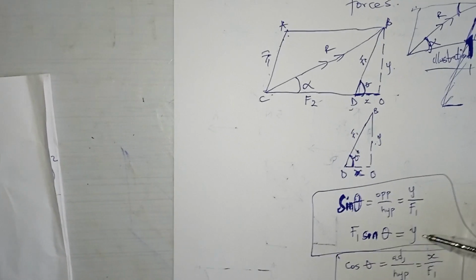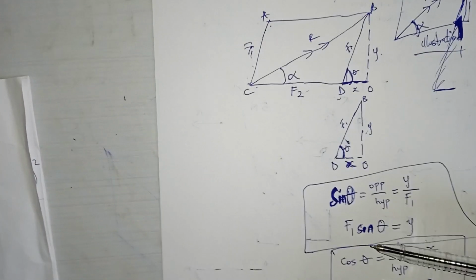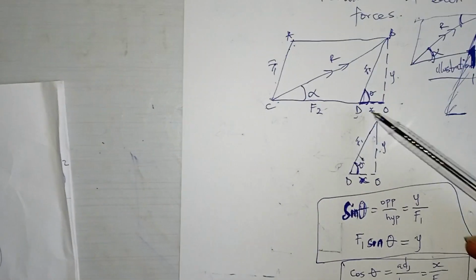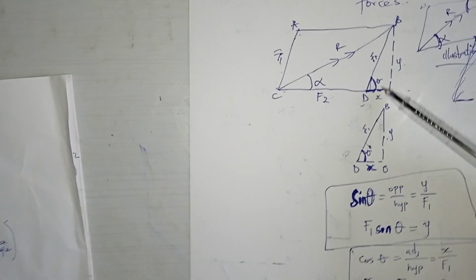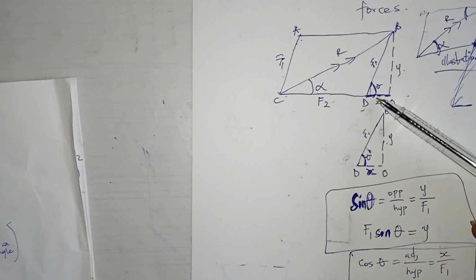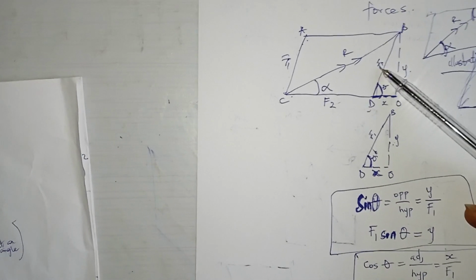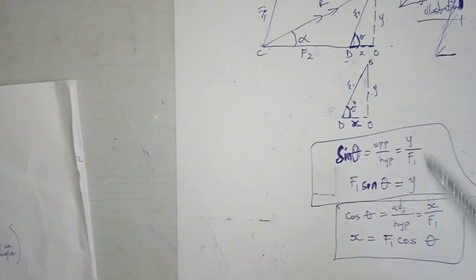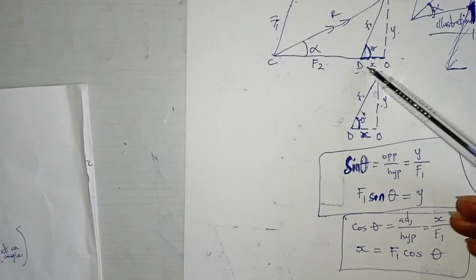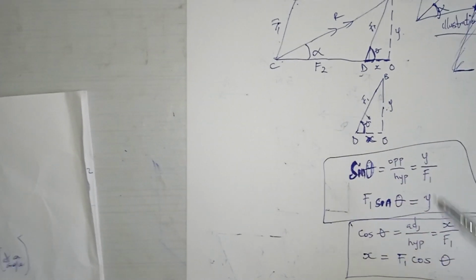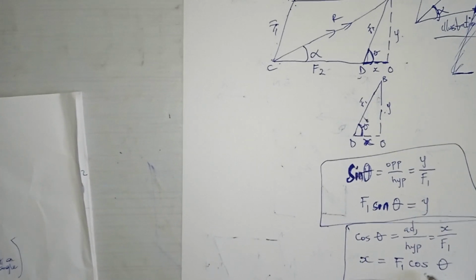When you do the mathematics, you see that y is equal to F1 sine theta. Now for x, the part horizontal is adjacent over hypotenuse, that is cos theta. So cos theta is equal to x over F1. If you do the maths very well, you see that x is equal to F1 cos theta.